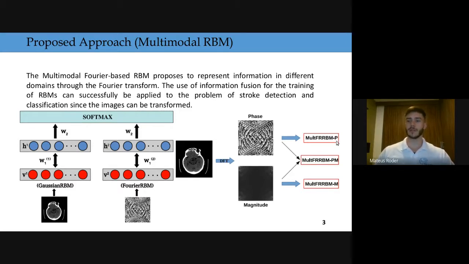The first one, denoted by P, has the phase input, together with the Gaussian RBM as the first image. The second, multimodal RBM, denoted by PM, has the phase and magnitude, together with the Gaussian RBM. And the third one is the multimodal Fourier RBM with the magnitude from the Fourier transform. In this manner, we have three multimodal RBMs with Fourier-based information fused to the Gaussian RBM.